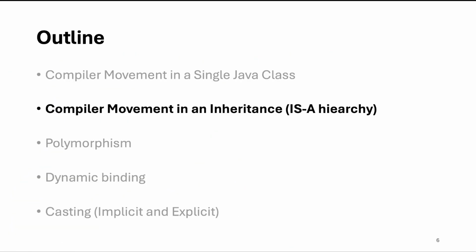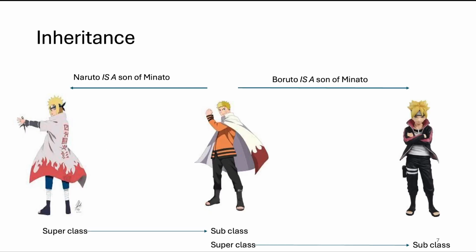Now let us see how a compiler moves if there is inheritance between classes. This is the classic example we use in class for discussing inheritance. Okay, we have superclass and subclass.